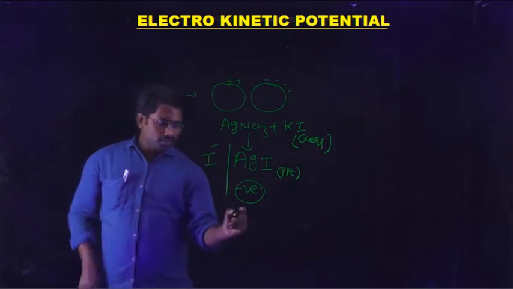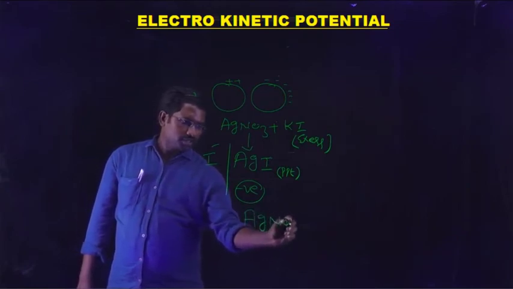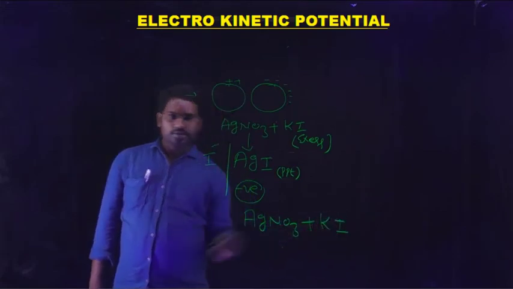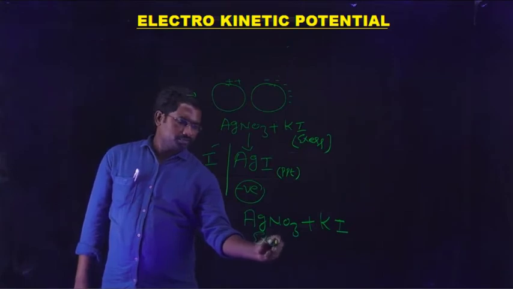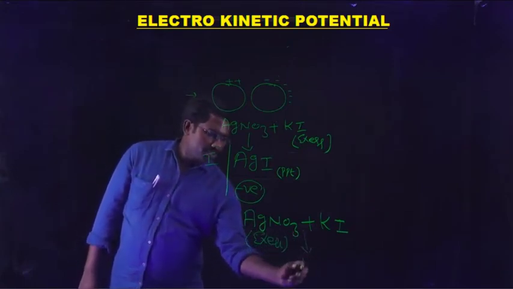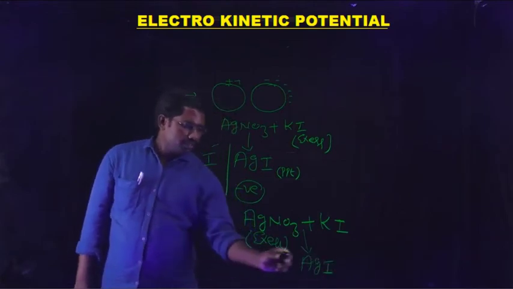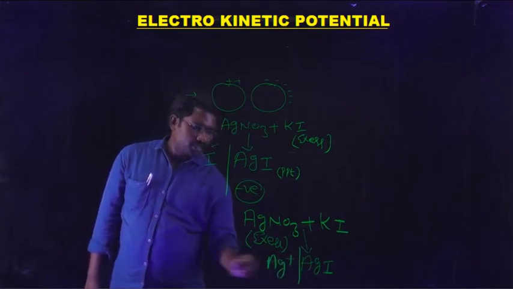In another way, silver nitrate reacts with potassium iodide, but here we take silver nitrate in excess. Here also silver iodide gets precipitated. Here Ag+ ions are present in the colloidal solution.